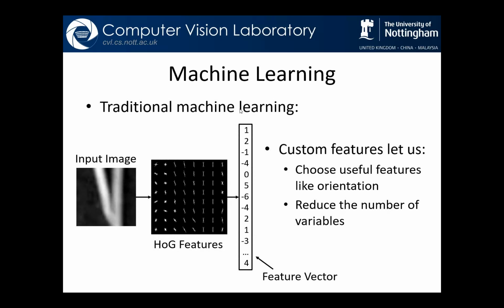So this is in essence the traditional machine learning approach, or what we might call, if we were being a little bit mean, shallow learning. So I have my input image. Now, often input images, even this one, are quite big compared to what a neural network wants to use. So what we tend to do is simplify this image into features. So in this case, I've used histogram of orientated gradients features, so HOG features, which were very popular about 10 years ago.